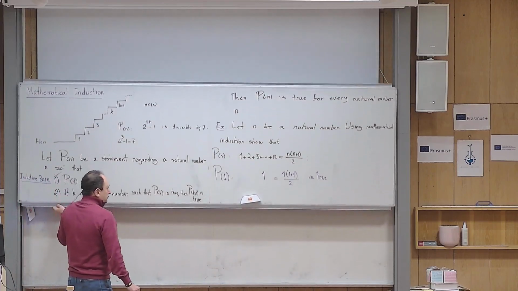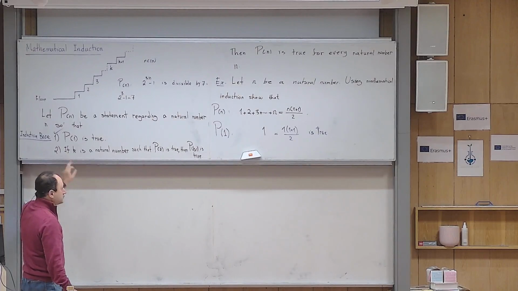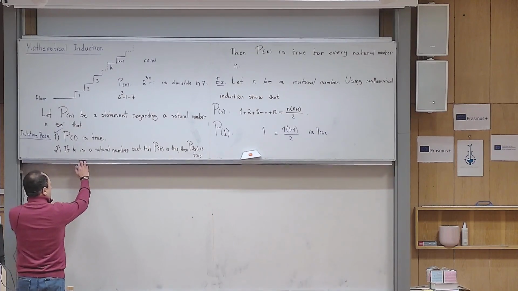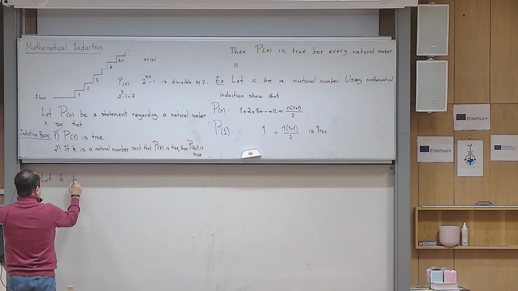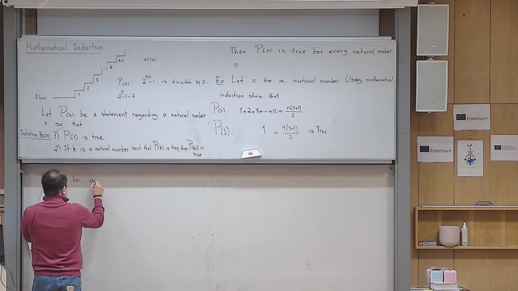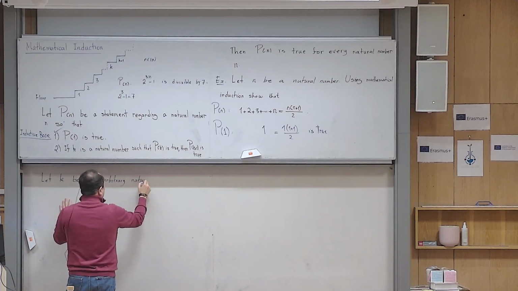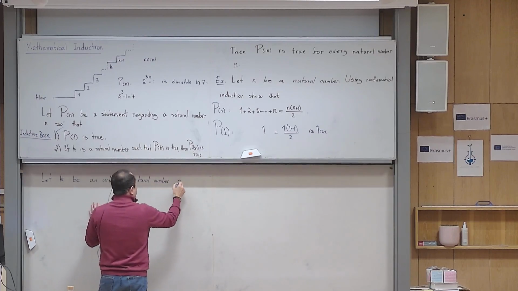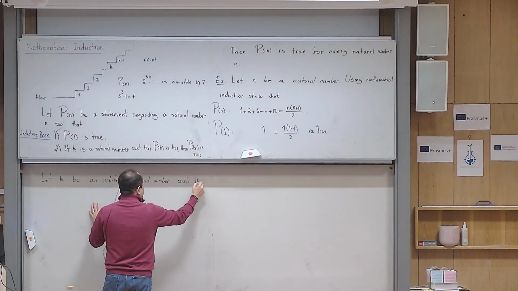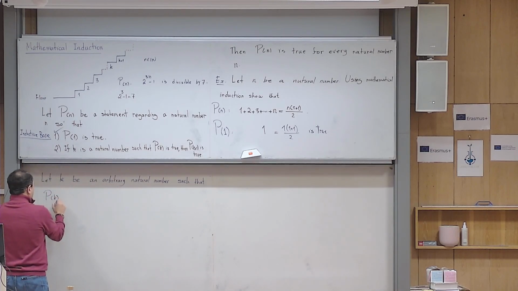I want to understand exactly what's going on. So for the next one, what should I do? I would say: let k be an arbitrary natural number such that P of k is true.